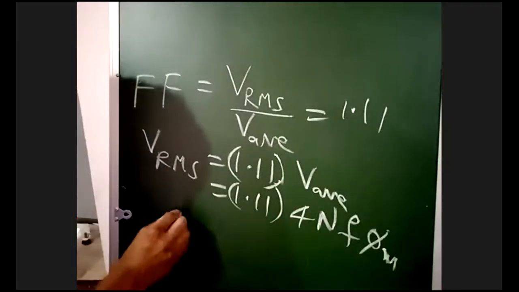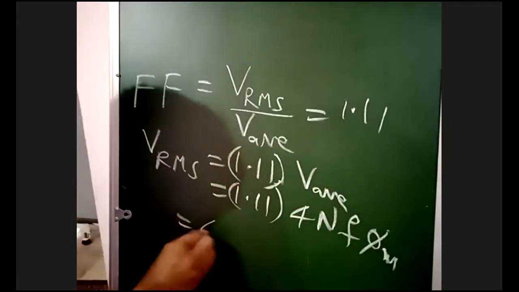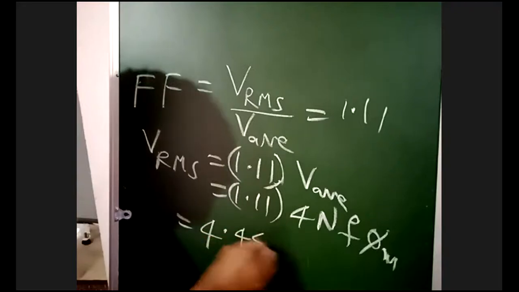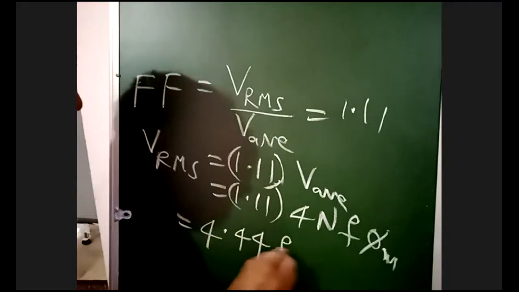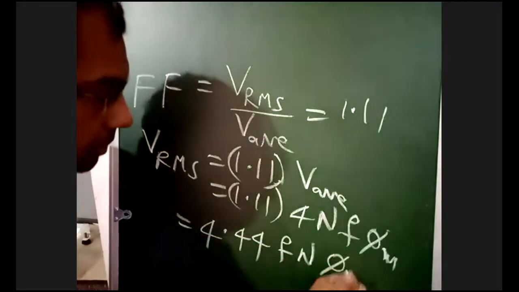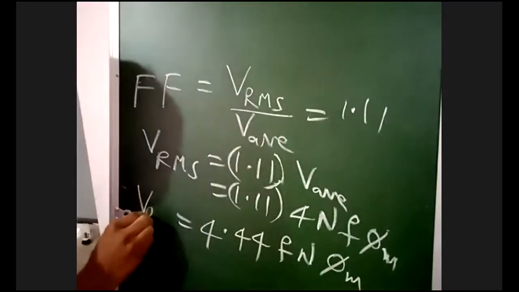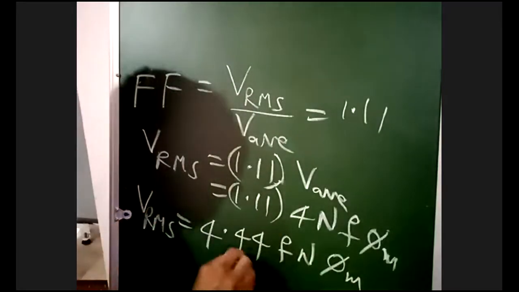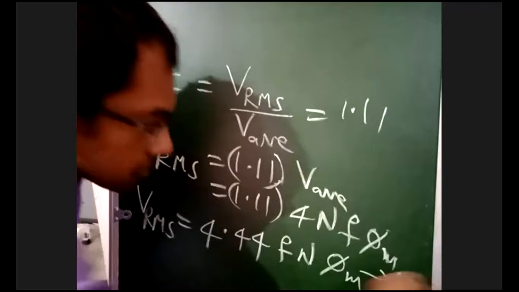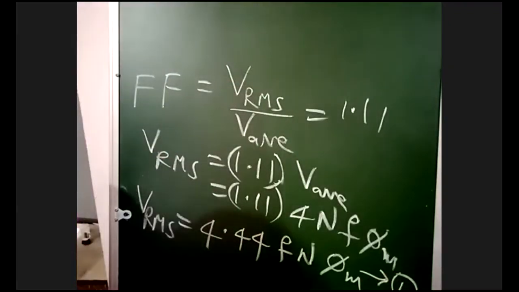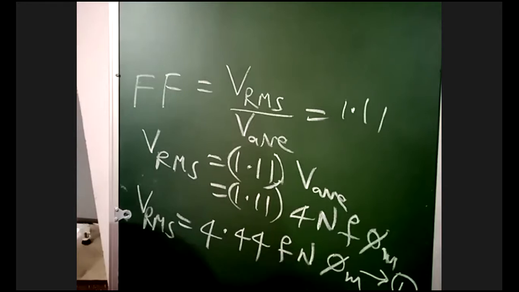That is, VRMS is equal to 4.44 F N phi m. This is the RMS value. Let it be equation 1. This equation you have to remember. This is the EMF equation of the transformer. Phi m is called the maximum flux.